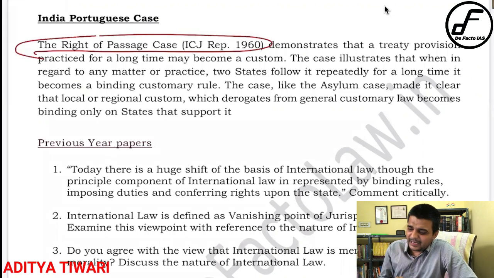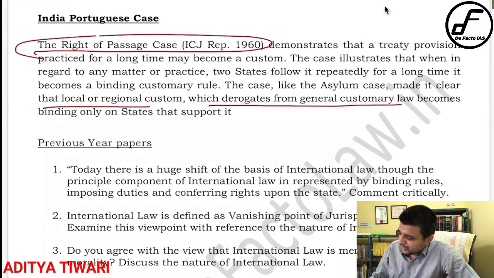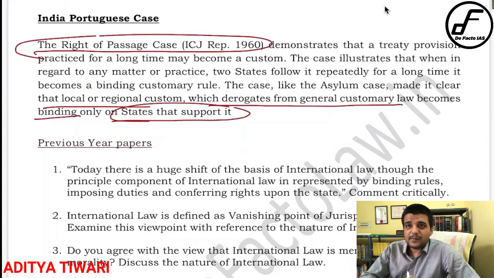Obviously, the Portuguese claimed that no, India cannot refuse it. But the court held otherwise and made it clear that a local or regional custom which derogates from general customary law becomes binding only on the state that supports it. Okay? So if India is a state that does not support it, if India does not want that custom to continue, then they can very well go against it.